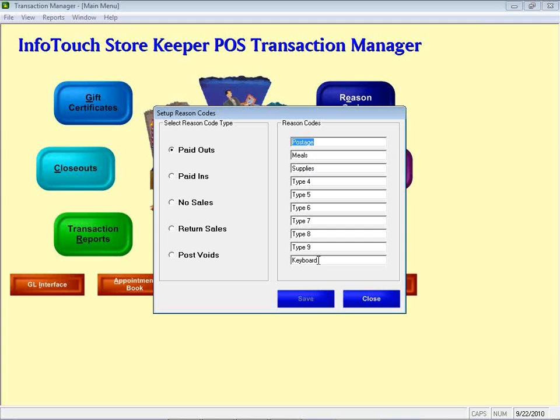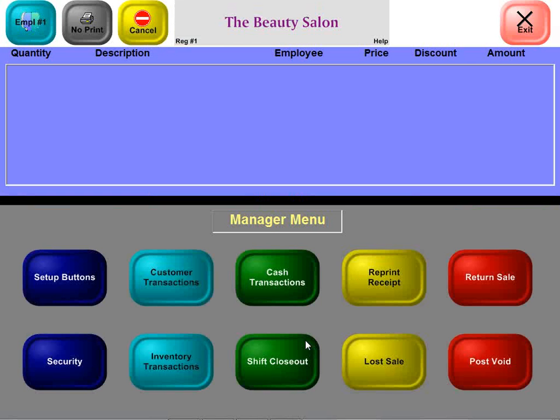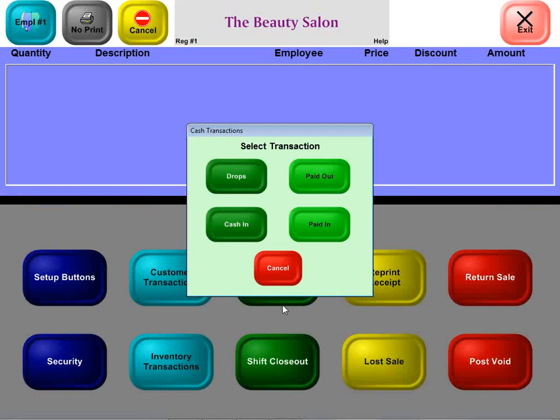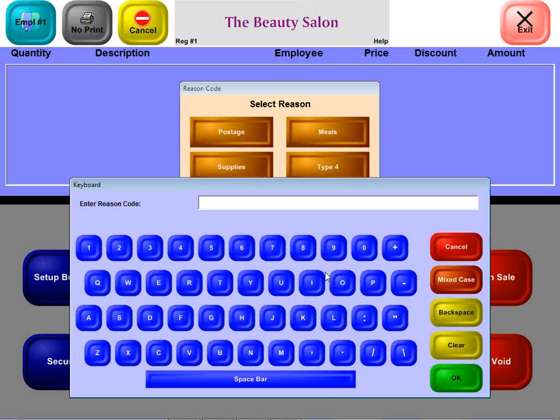So let's do a paid out in the register module. That's typically under the manager menu. Cash transactions, paid out, tell me why, and there's those reasons. The keyboard one, by the way, always is there to allow you to put in a free form reason.